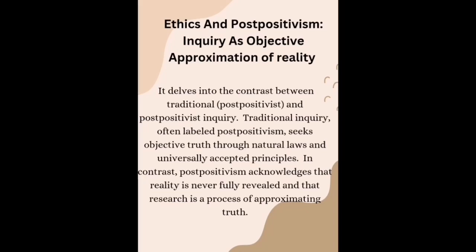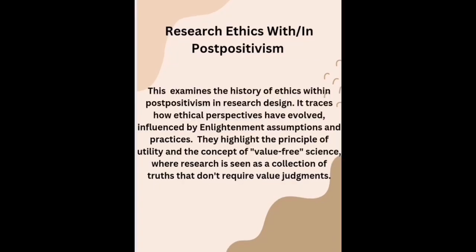The second is ethics and post-positivism, inquiry as object approximation of reality. In contrast, post-positivism acknowledges that reality is never fully revealed and that research is a process of approximating truth. The third is research ethics with or in post-positivism. It traces how ethical perspectives have evolved, influenced by Enlightenment assumptions and practices.